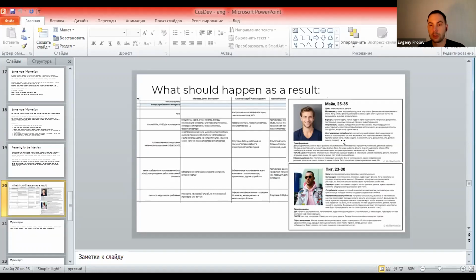What's important for you then, as a result, is to make a customer profile. We have to understand who our potential customers are, what their values are, what their user experience and customer behavior are. What are their pains? Where they work, where they relax, in the best case, if you can get this information from the interview.